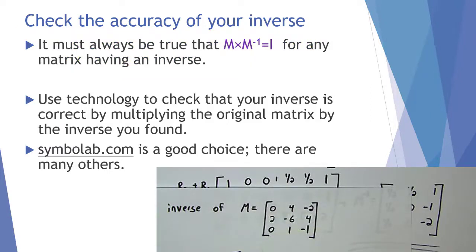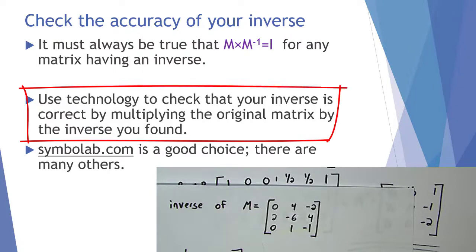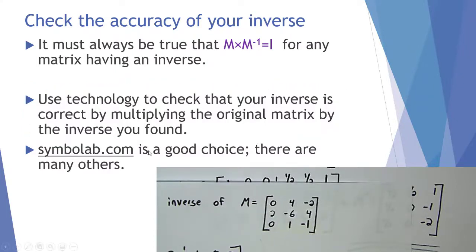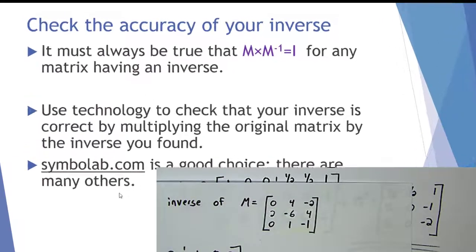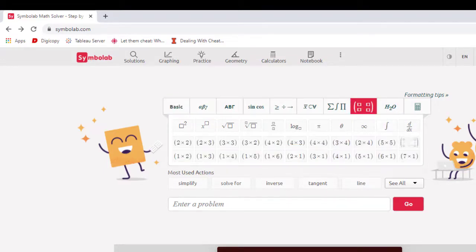But you already know how to do that, and I just want to make sure that you recognize that there are tons of websites and probably apps that can do this for you. So I like Symbolab. Let's go to Symbolab and check our results here. Okay, when you go to Symbolab, we can do matrix work by choosing matrices and vectors right here.